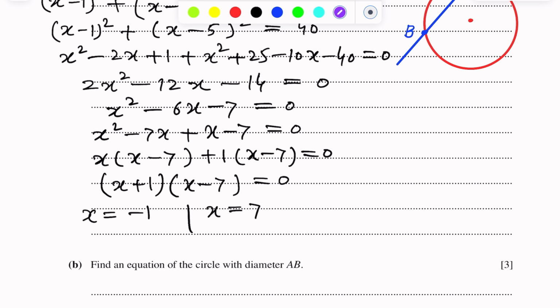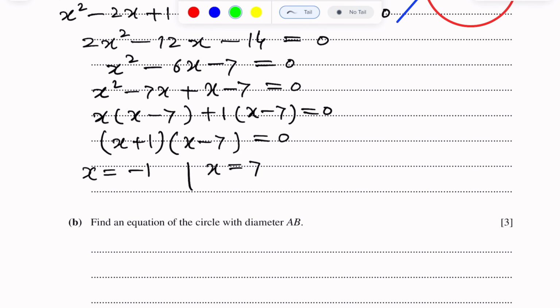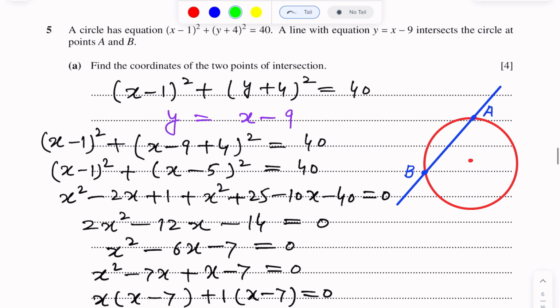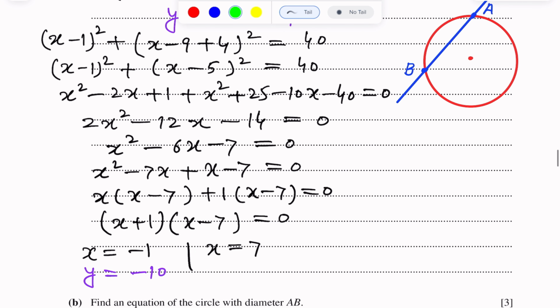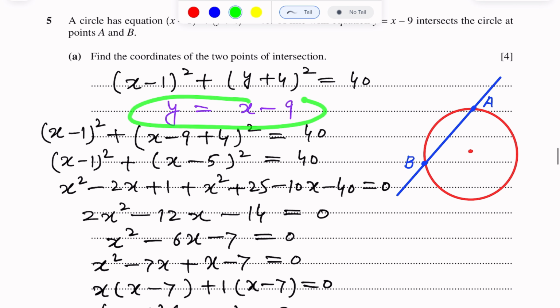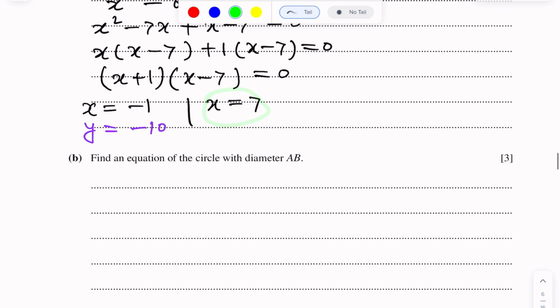When x is equal to −1, putting in the equation y = x − 9, we get the value of y is −10. Now putting x = 7 in the line equation, we get the value of y is −2.